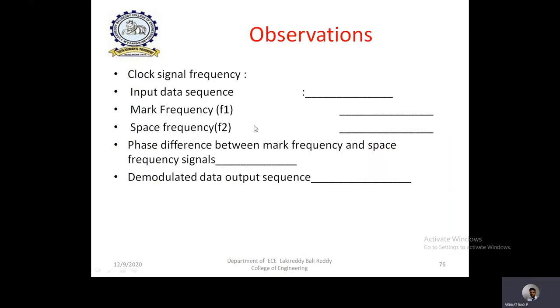We need to observe what is the mark frequency, what is space frequency, so you can also note down that, and the corresponding demodulated data sequence. So this demodulated data sequence must be same as the input data sequence, right? So these are the observations we need to take after completion of the experiment.